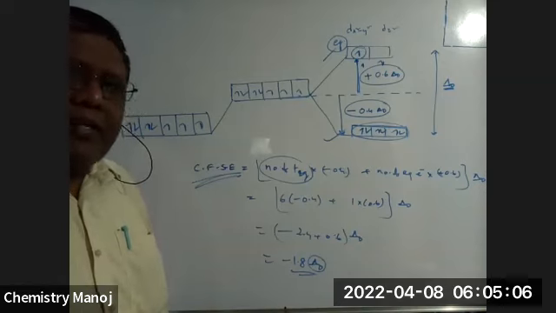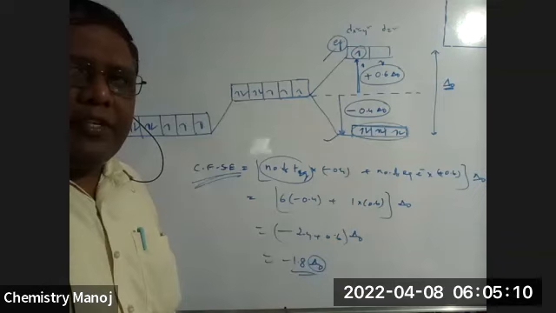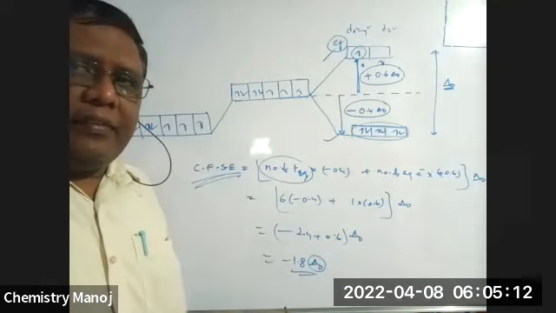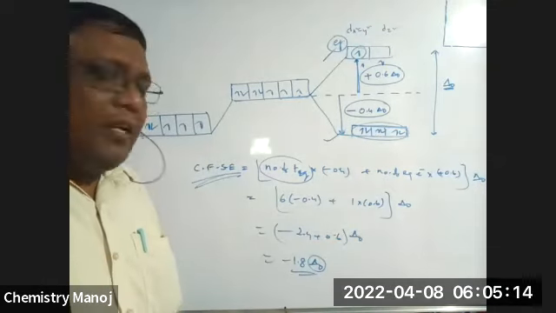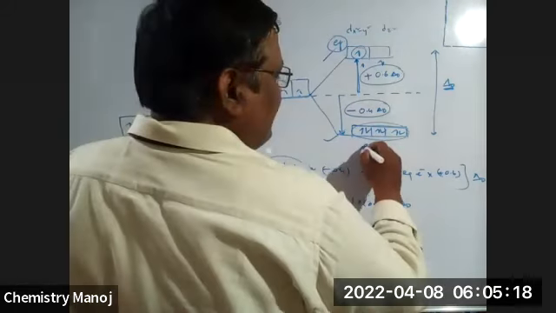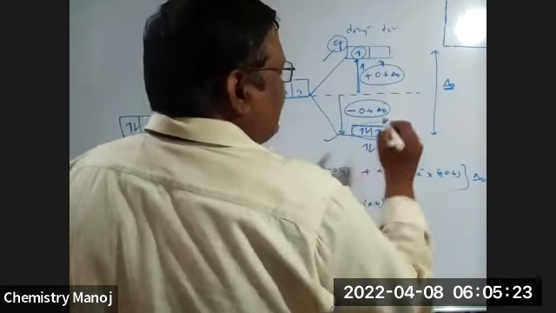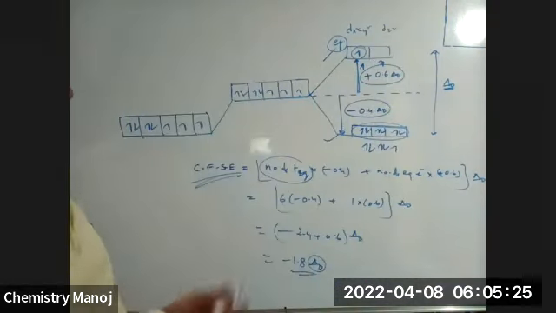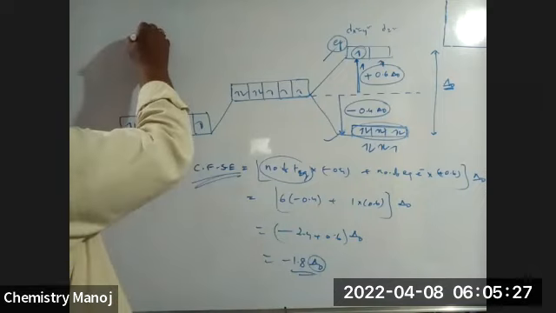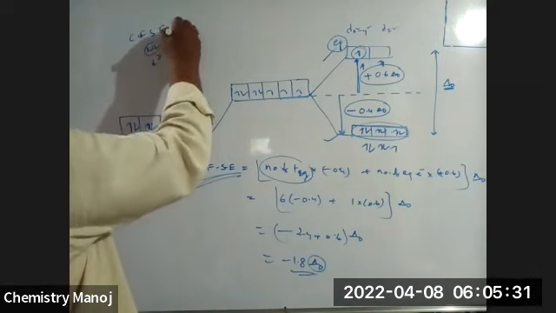So that means in the case of a strong ligand, this is the electron configuration of D7. Sir, one doubt. If a weak ligand is there, 1, 2, 3, 4, 5, 6, 7, then what is the crystal field stabilization energy for the D7 configuration?